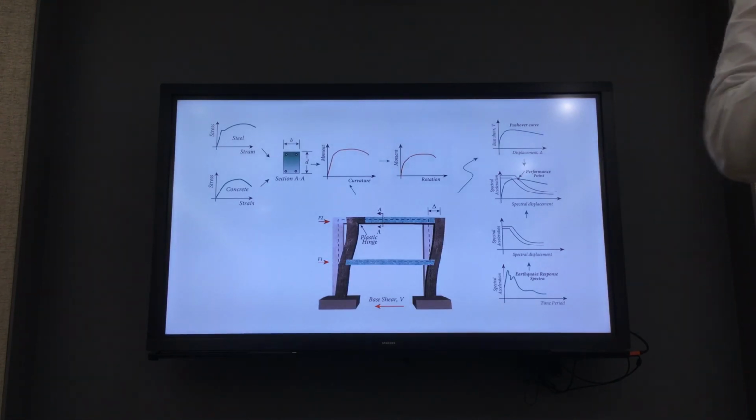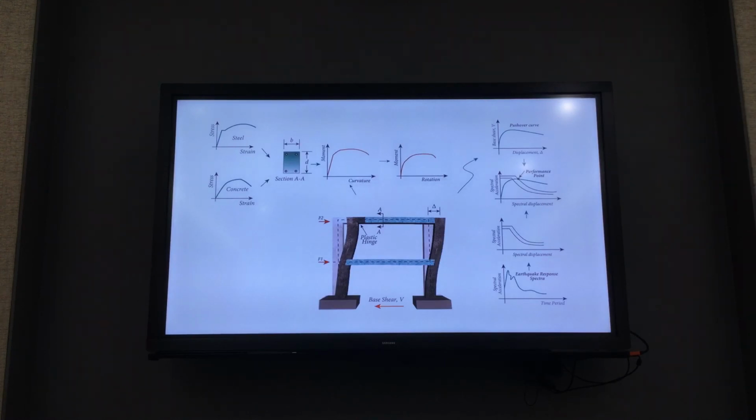So he did a lot of work, very good outcome. So we always look at these kinds of things. So it's an event that a column is broken. What will happen to the building? What can we do to prevent the damage from spreading to a large part, right? Those kinds of things.